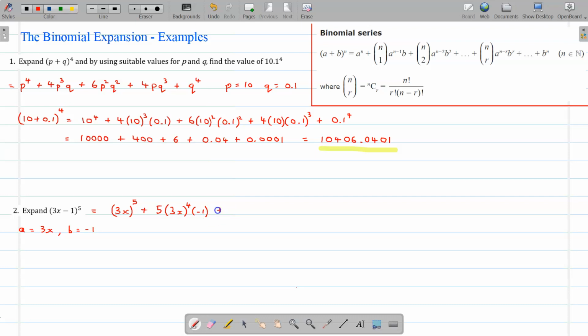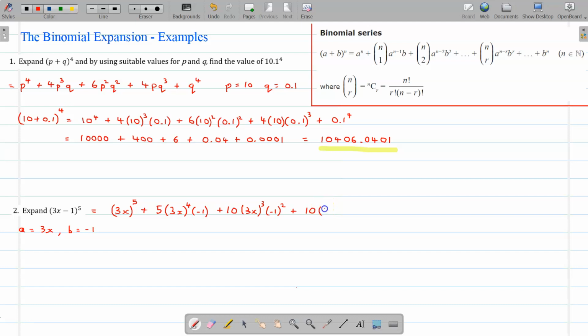And then it's going to be 5c2, which is 10, and that's 10 times 3x to the power of 3 times negative 1 squared. And then we're going to have another 10, because 5c2 and 5c3 are the same thing.